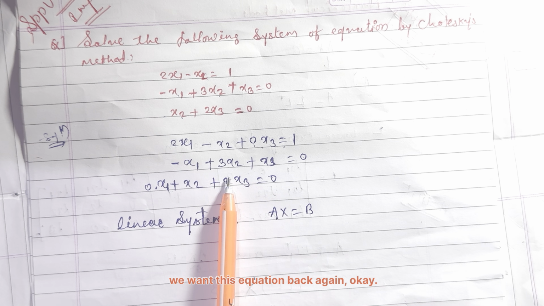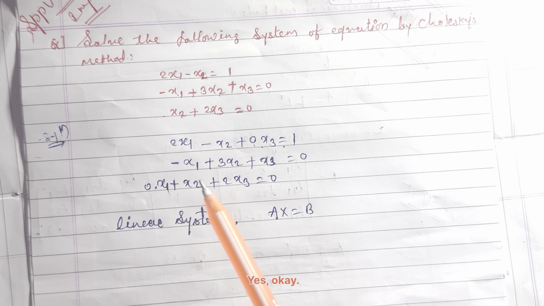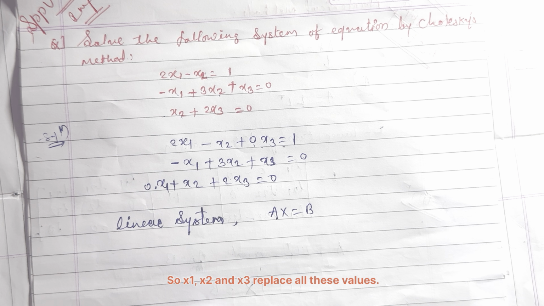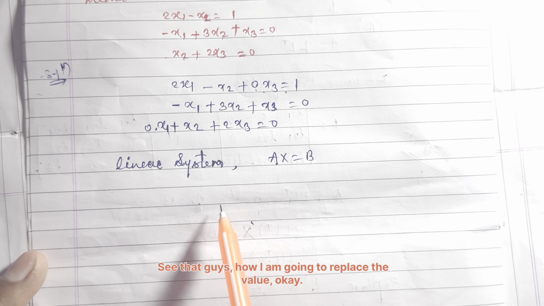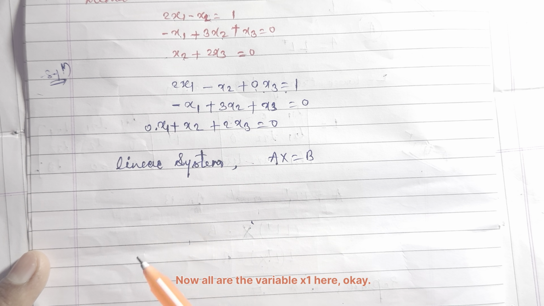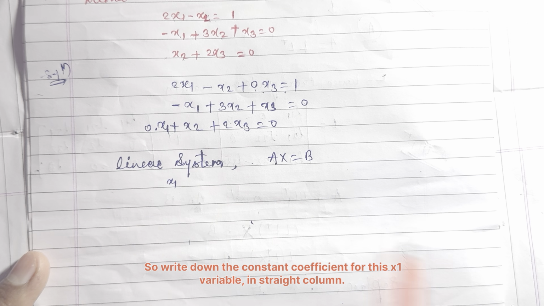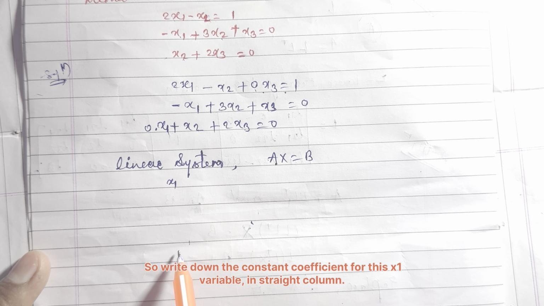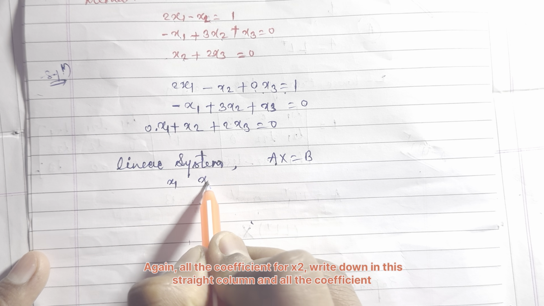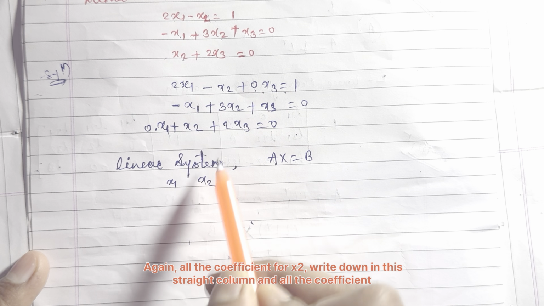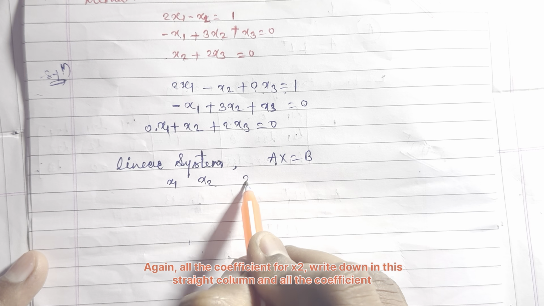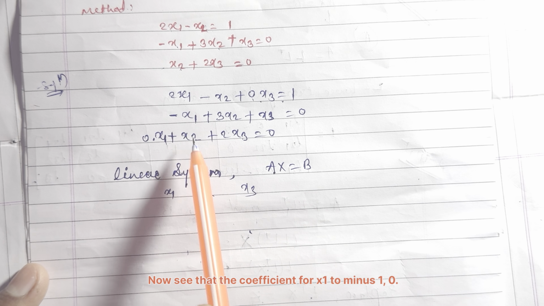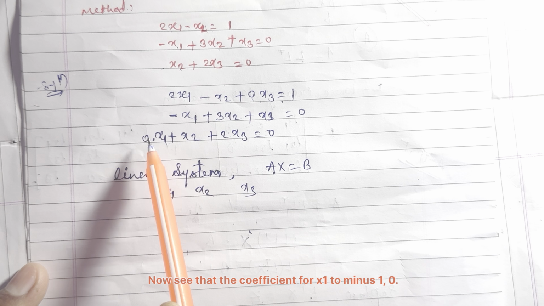Now write down the constant coefficients of the x1 variable in a straight column, then the coefficients of x2 in the next column, and the coefficients of x3 in the next column. The coefficients for x1 are 2, minus 1, 0.